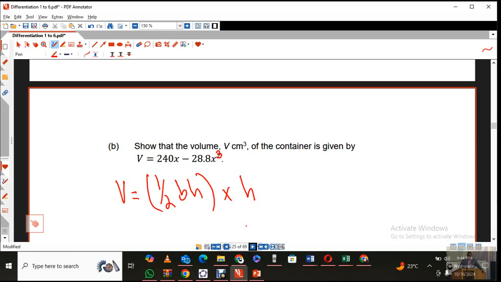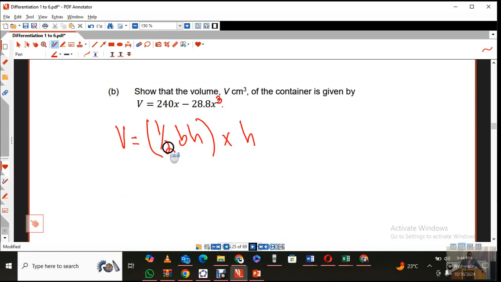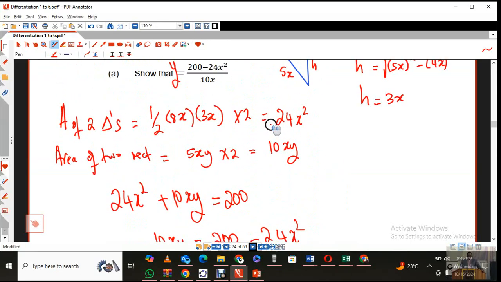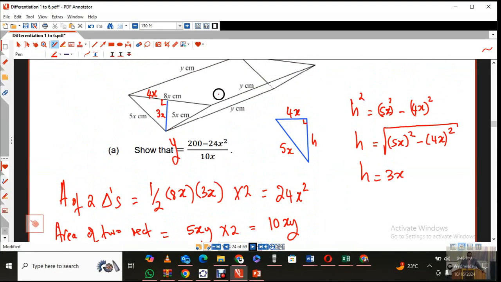So from our diagram, the cross section is a triangle, and the volume is equal to a half. The base is 8x, as I already said. The height is the one that we used Pythagoras to calculate, and the length here is just y. The height that we are referring to is the distance between the two cross sections, which is a triangle here, triangle there. That's the y we're talking about.